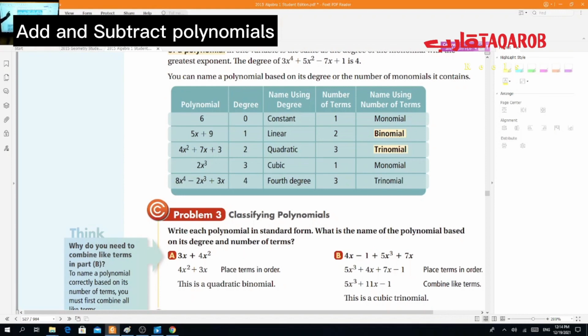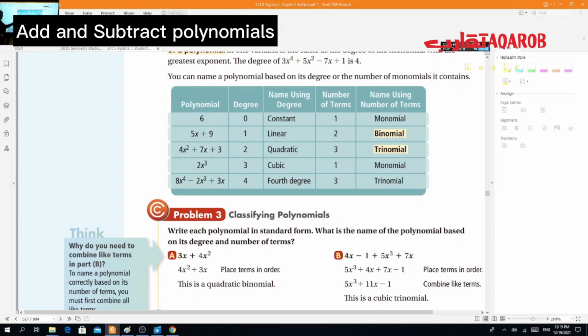For example, let's go to the last polynomial here. When I count the terms, I have 1, 2, 3 terms, so it's a trinomial. I can look at the power. When I have a sum of monomials, the degree is the degree of the highest power.